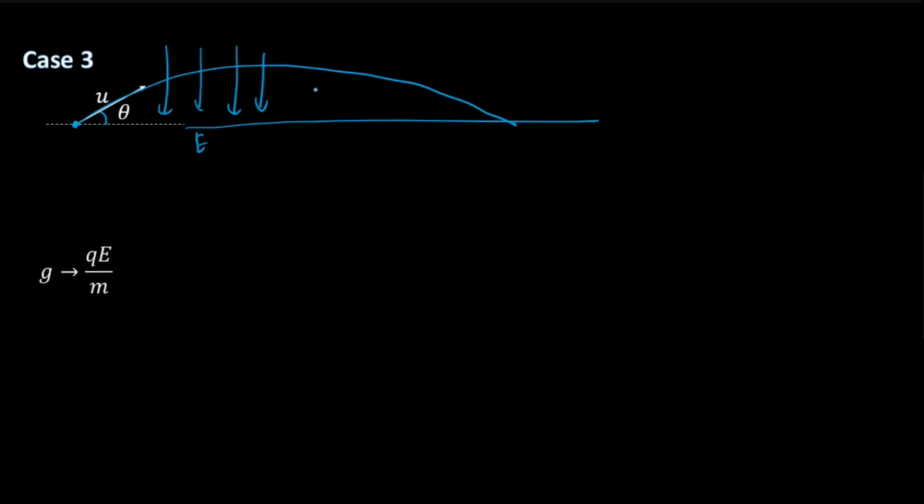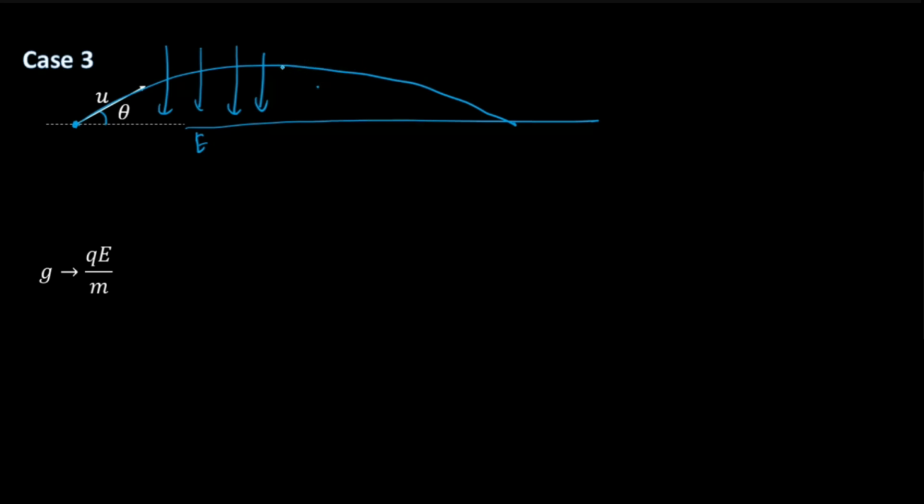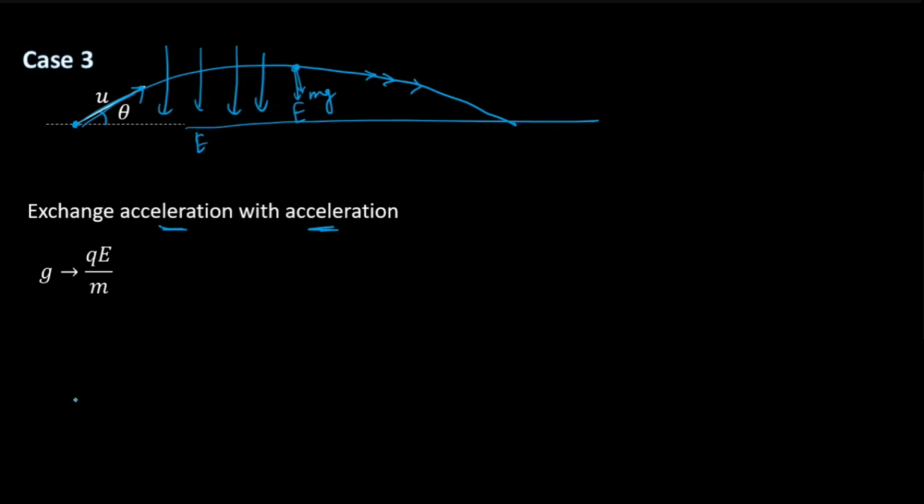Again, there will be some gravity acting on the charged particle in the downward direction and electric force also in the downward direction. But its initial velocity vector puts it on this path. This is one numerical we'll talk about.